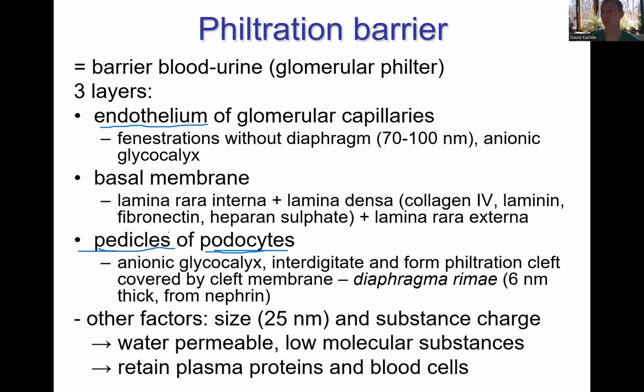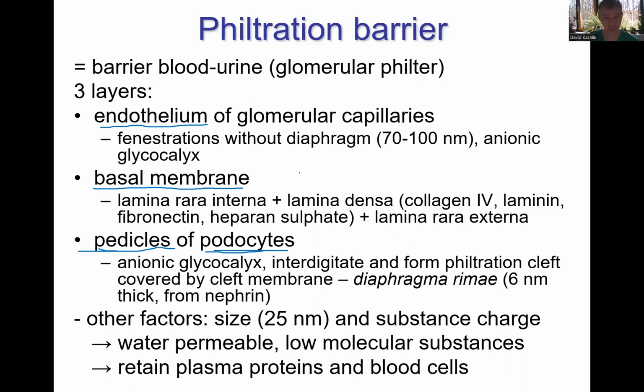And if you remember, the blood-air barrier was formed by pneumocytes type 2, but just their very thin parts, not the centers with the nuclei. And in between are fused basal laminae into a basement or basal membrane.